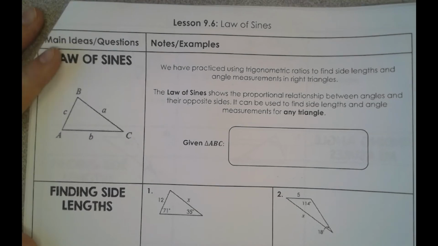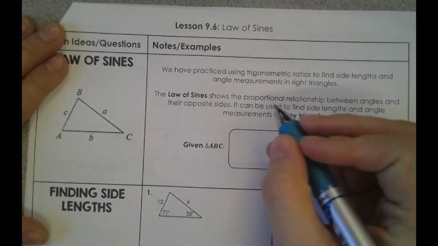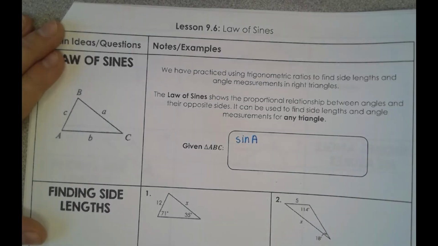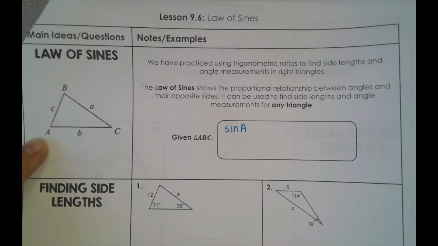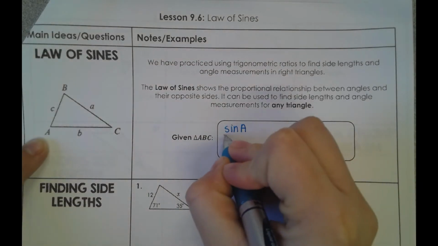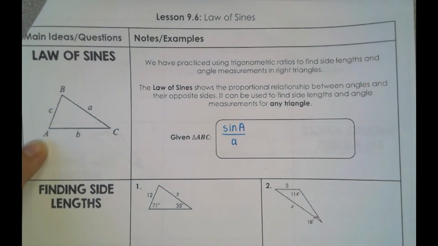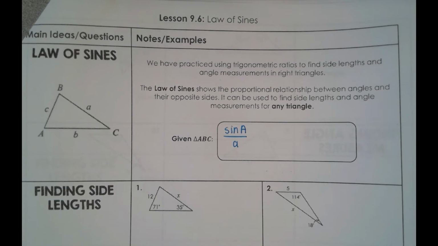Okay. So law of sines says that if I take sine of any of those three angles, so let's say sine of A, and we divide it by little a, the side that is across from it, it makes kind of a proportion.